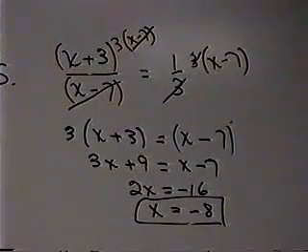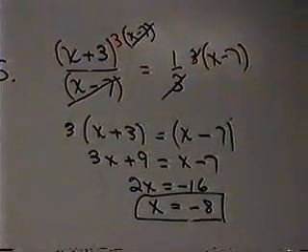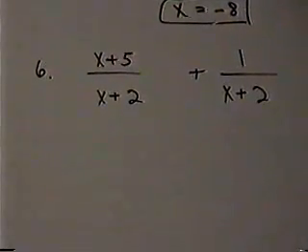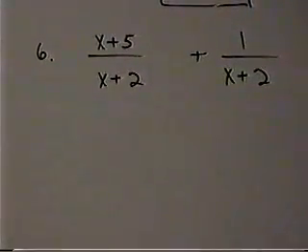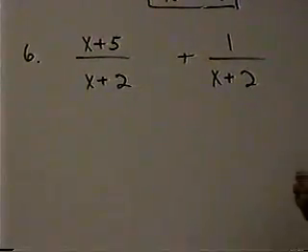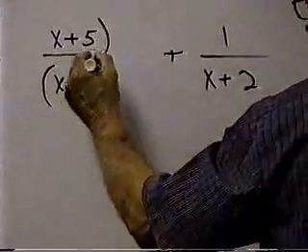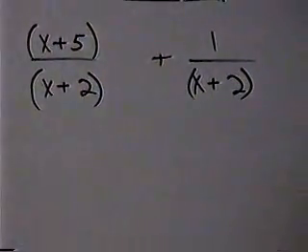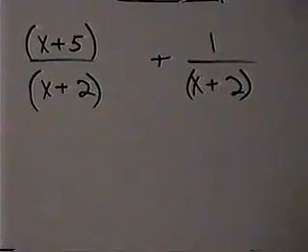All right, let's now look at example 6. Okay, first thing we do is put binomials in parentheses. Next thing we do, we multiply everything by a common denominator.